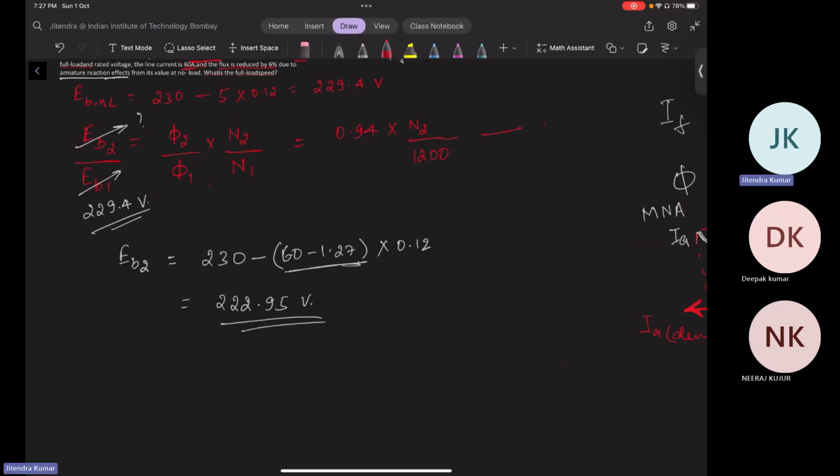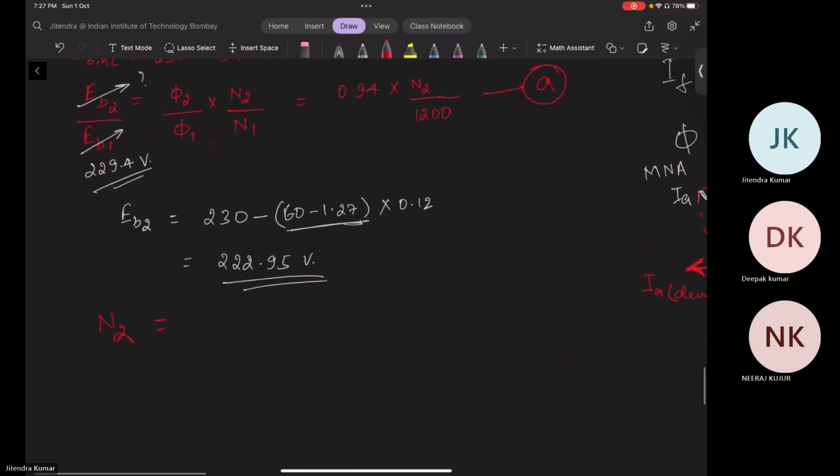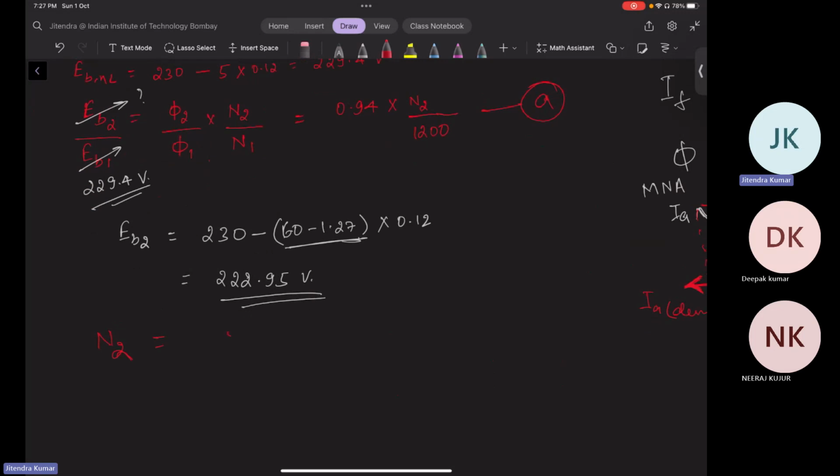From this equation, N2 is equal to EB2, 222.95, divided by EB1, 229.4, into 1200, divided by 0.94. How much will it come?